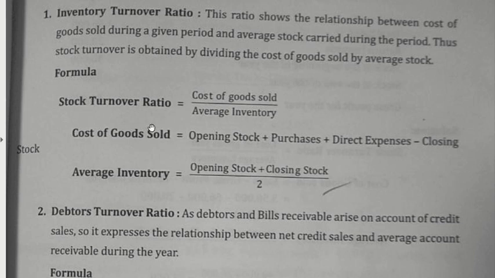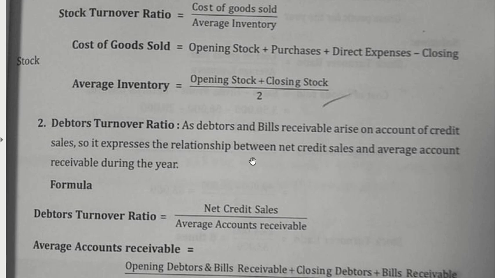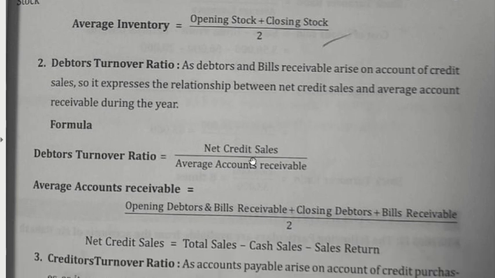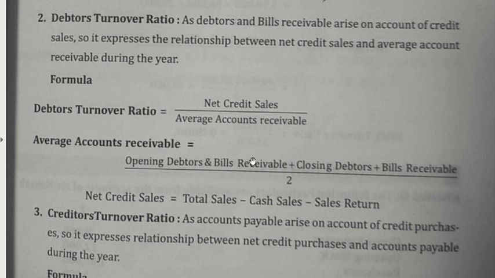Okay, so the formula is cost of goods sold divided by average stock. So how do you calculate your cost of goods sold? Cost of goods sold is equal to opening stock plus purchases plus direct expenses minus your closing stock, and your average inventory is found out by opening stock plus closing stock divided by 2. Okay, anything average if they tell, divided by 2.